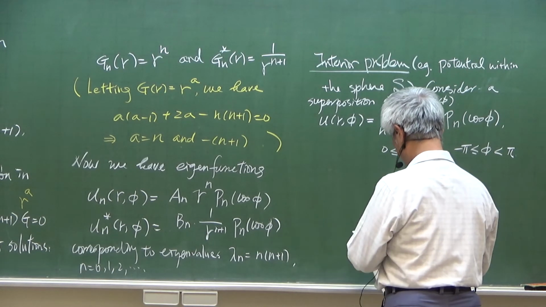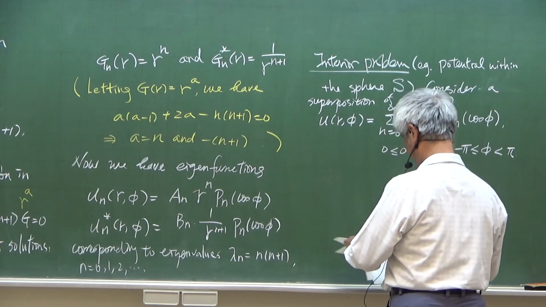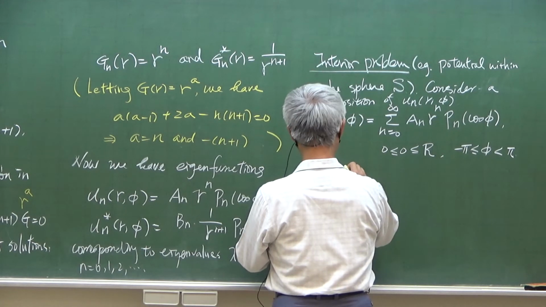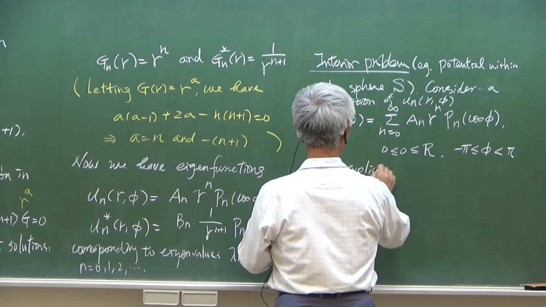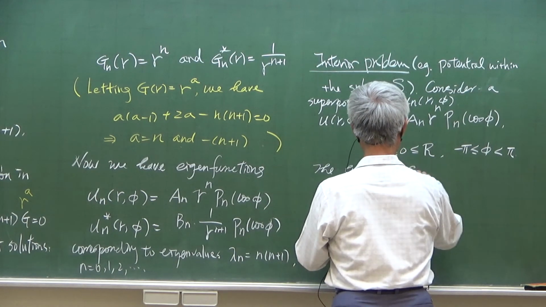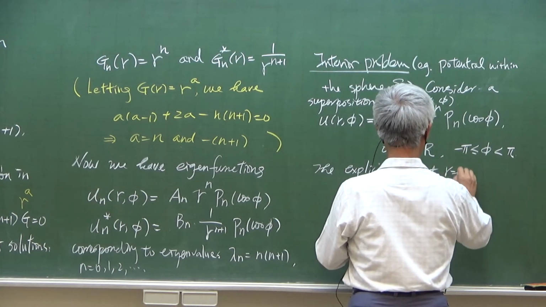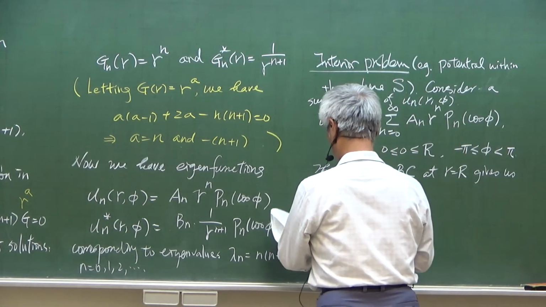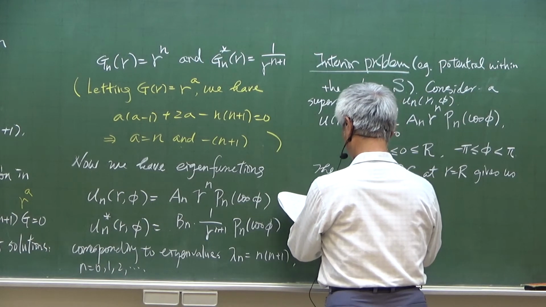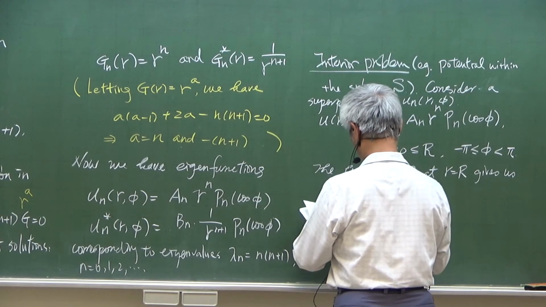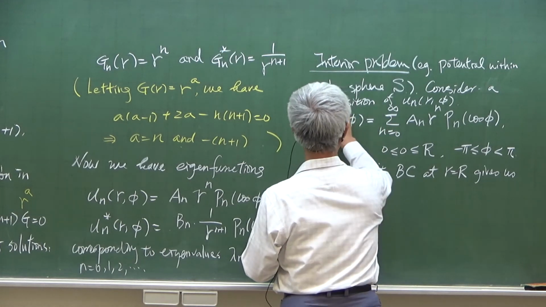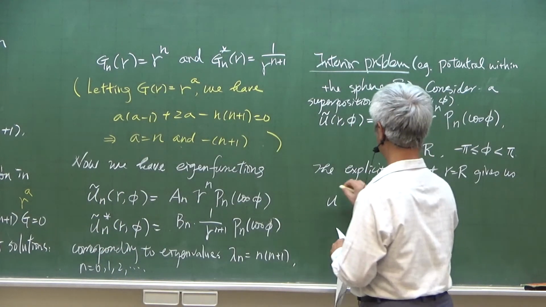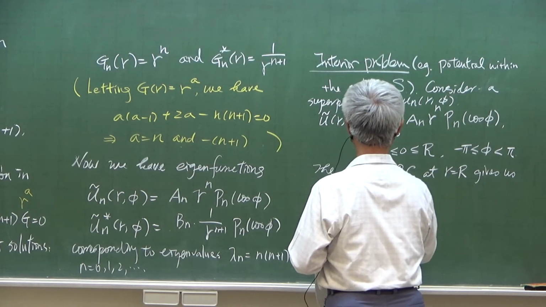And the boundary condition, the explicit boundary condition, gives us u of R, phi.